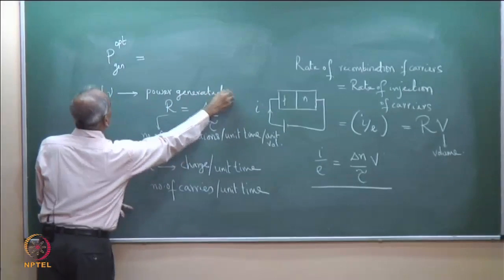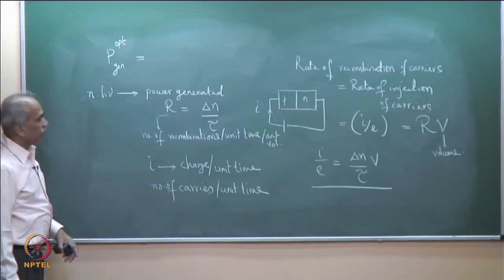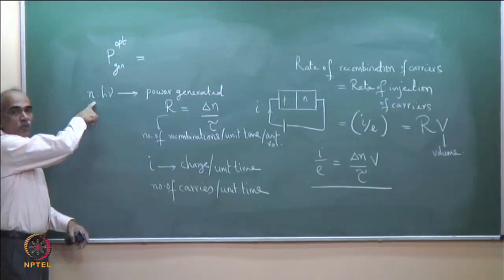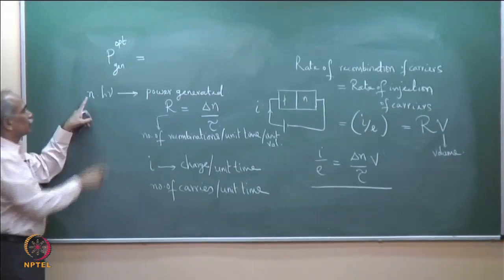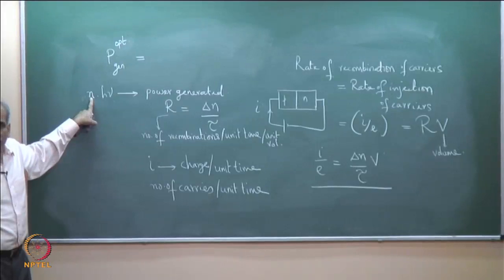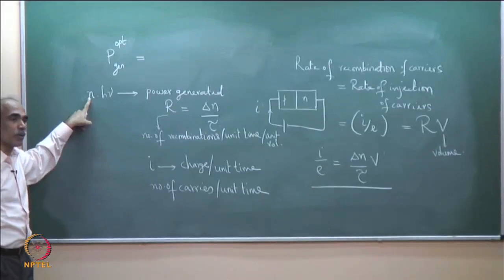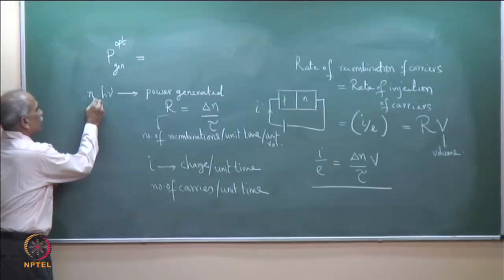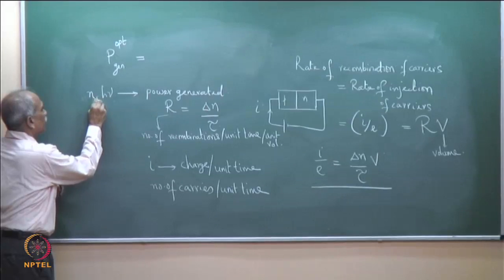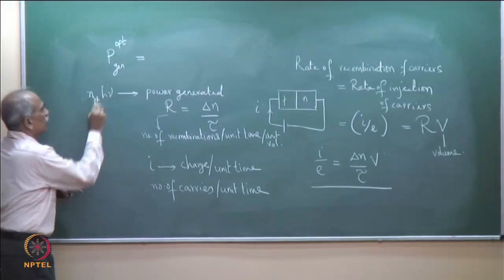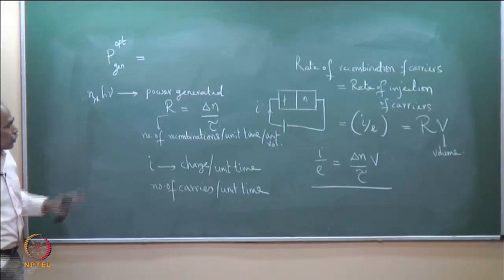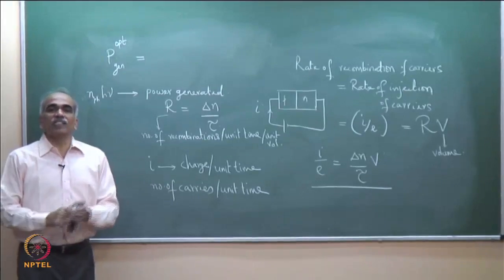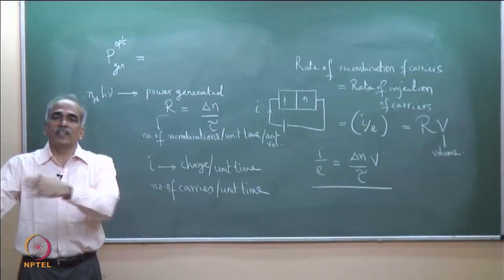Power generated. N is the number of photons. I have also used n earlier for carrier concentration, but this n is the number of photons. If you want, you can put NPH for the time being, because it will all disappear in a short while. Finally, what we will get is just optical power, and how it is related to current.